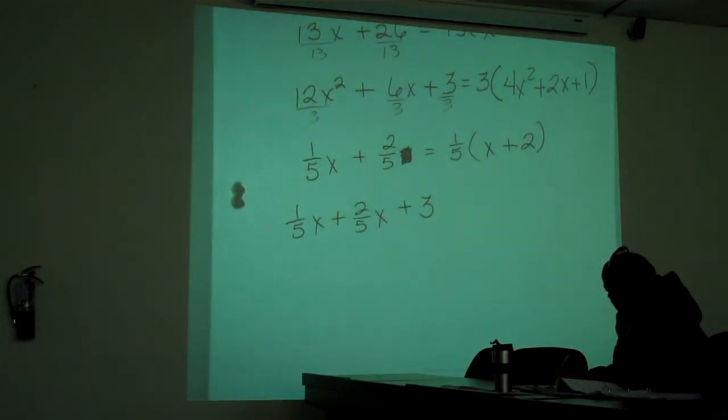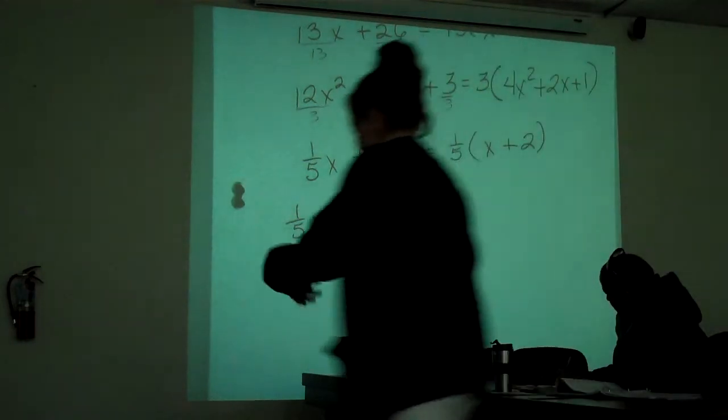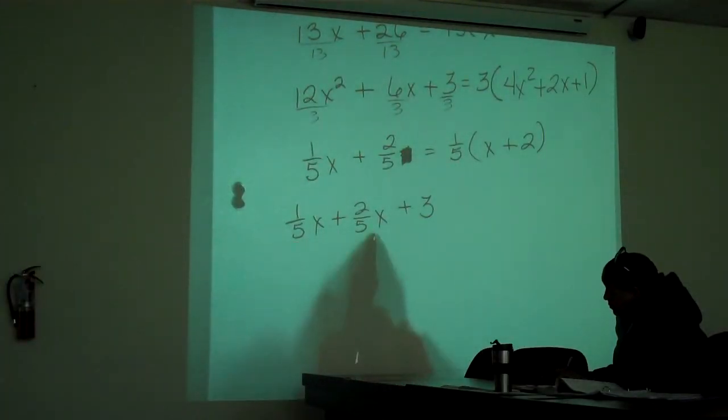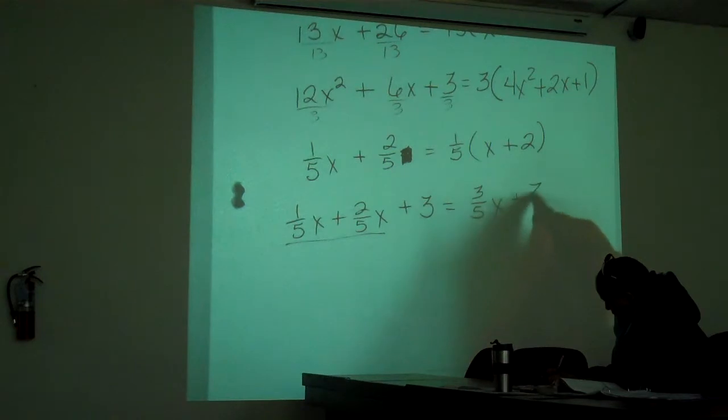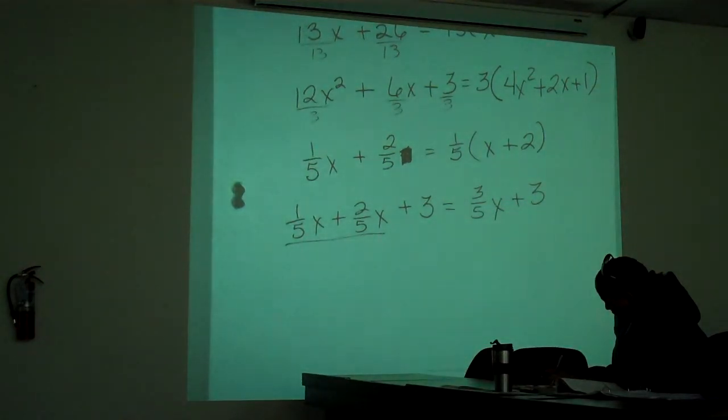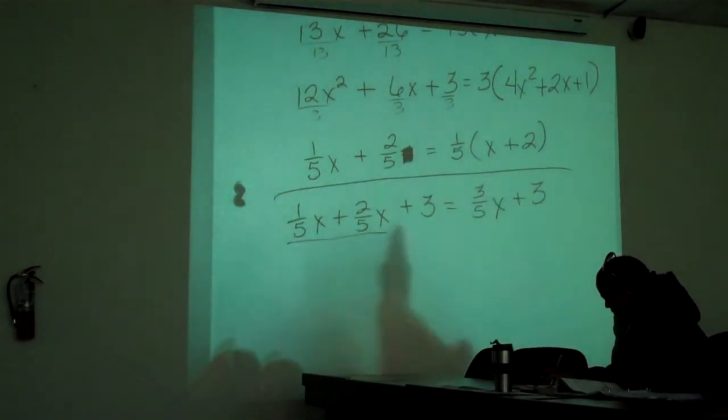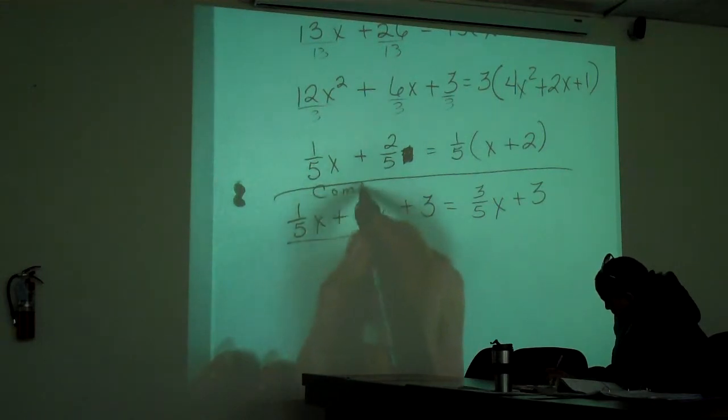If you were combining the things that were alike, there's 2 things that have x on them. So you combine the 1/5 plus the 2/5, so it gives you 3/5 x. And the 3 you can't combine with it. Okay, we're not factoring, we're just combining like terms now.